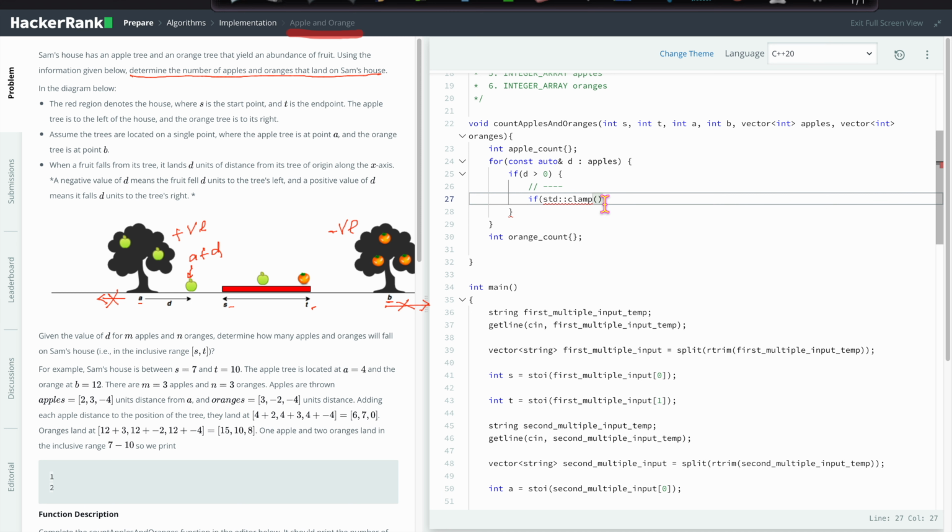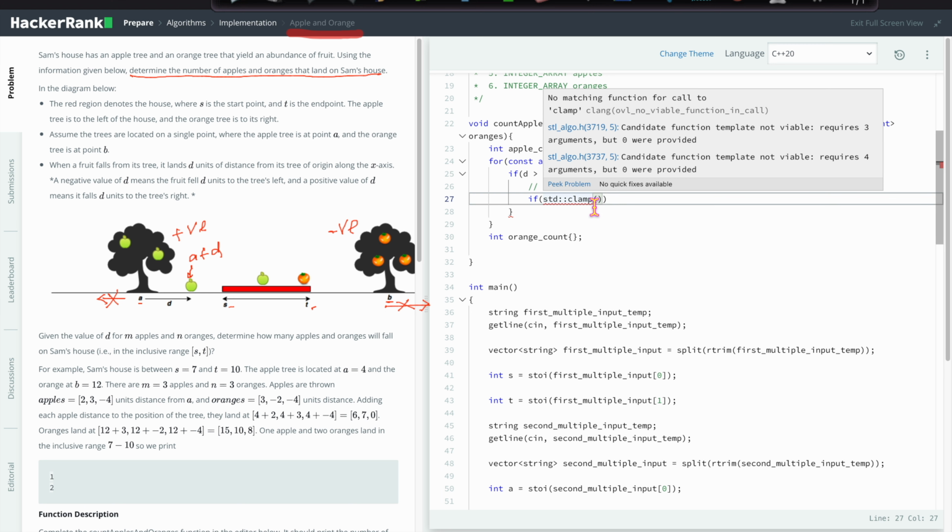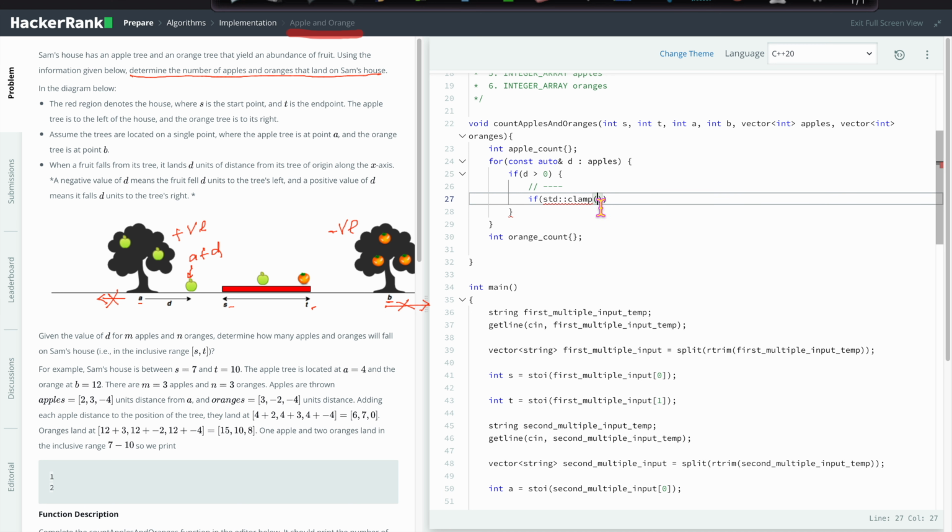Inside this we have to pass the point that we want to clamp. Clamping means what? I will explain in detail. For the time being, try to understand this. Here we have to pass a plus d, that's what we are searching for, right? And what is the range? Range is s and t, already given.